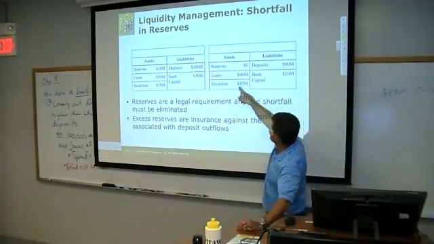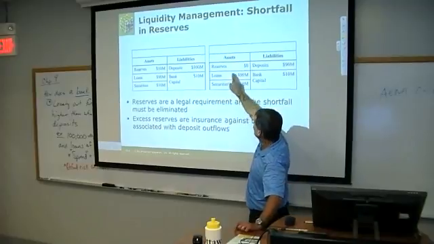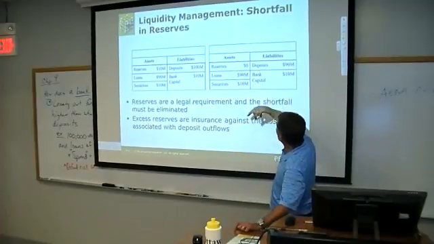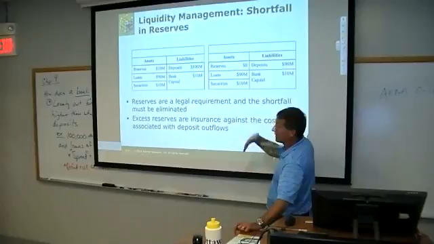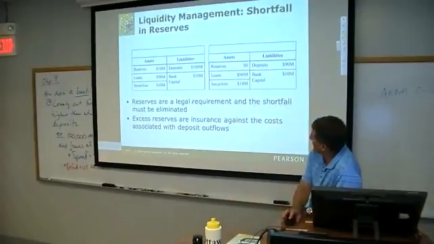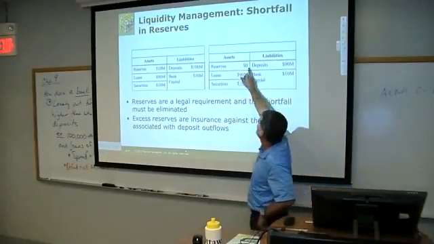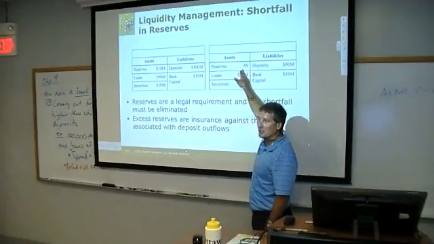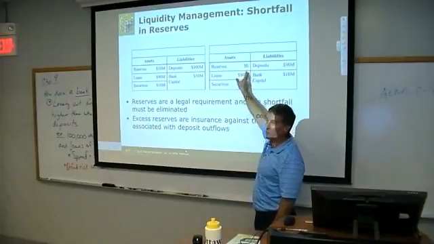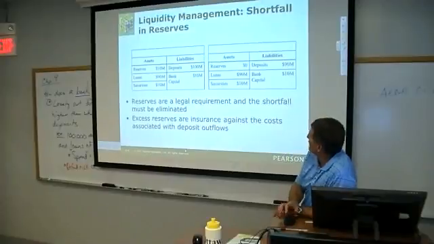You can see we got lots of sources to go to. We can sell some securities, call in some loans, call up the owners, and then borrow from another bank. So we got different ways to fix this problem. But what's for sure is your bank's going to be closed by the Federal Reserve. You're going to lose your charter if you don't fix the situation, because that's why they call them required reserves, the amount of reserves.